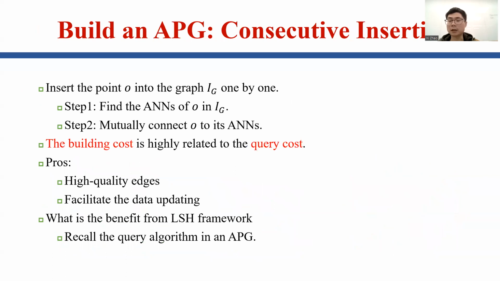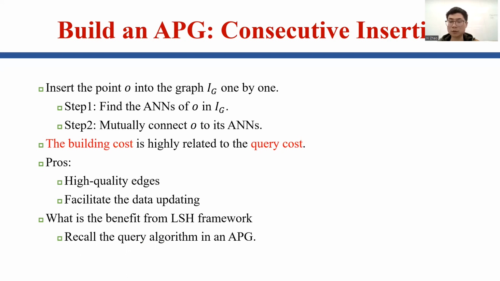Before introducing our method LSH-APG, let's see how to build an APG. A popular strategy is called consecutive insertion. In this manner, we insert the point o in the graph index IG one by one. We first find the ANNs of o in the current graph index IG. Then, for each found ANN, we mutually connect it to o as edges in the graph.